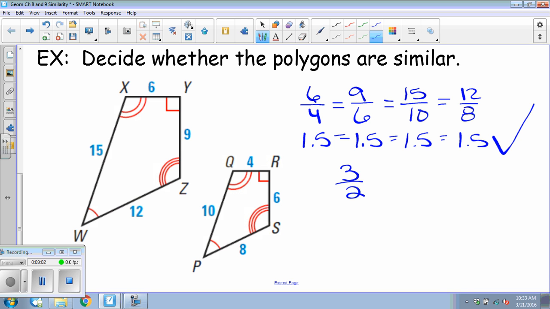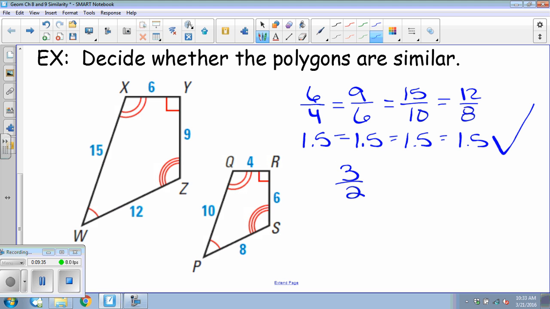What's another way to write 3 over 2? Well, 6 over 4, yeah, but if I don't want to write it as a fraction, 1.5 is a decimal, but there's another way. There's another marking that you could use that shows a ratio. 3:2.